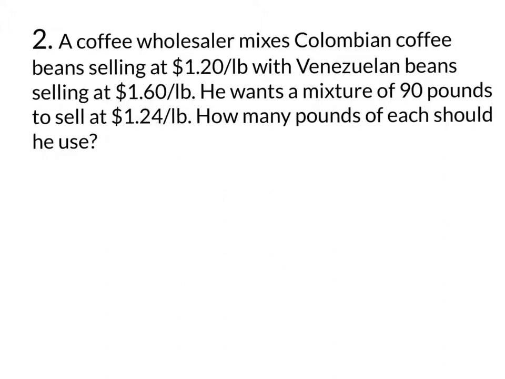So I'm going to let C be the number of pounds of Colombian beans. Make sure you understand it's pounds, not just beans. V is the number of pounds of Venezuelan beans. So we're going to start with the total. We know we want a total of 90 pounds. So we can start with the number of pounds of Colombian plus the number of pounds of Venezuelan equals 90.